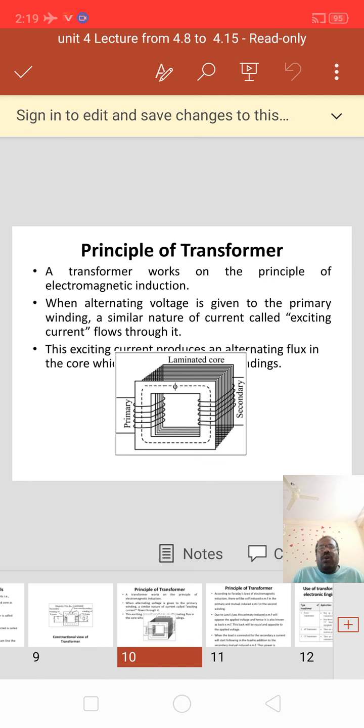Next, a transformer works on the principle of electromagnetic induction.